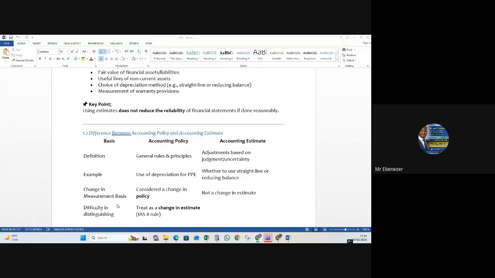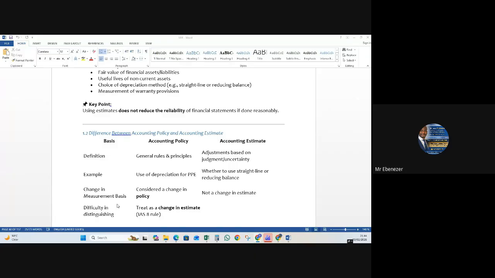Now, the policy will be whether you are using 20%, 30%, or 40%, or 15%, 10%. That's your accounting policy, right?